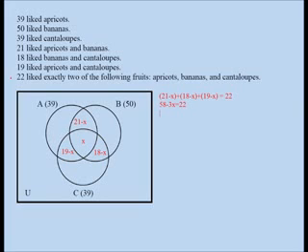So 58 minus 22 is equal to 3x, and 58 minus 22 is 36. 36 is equal to 3x, or x is equal to 36 over 3, which is 12. So this tells me that the value of x is 12.